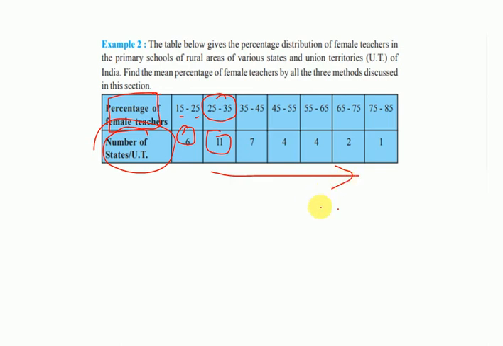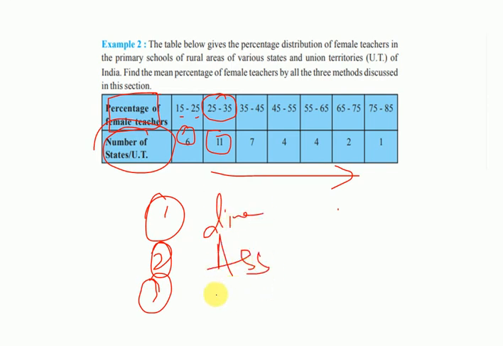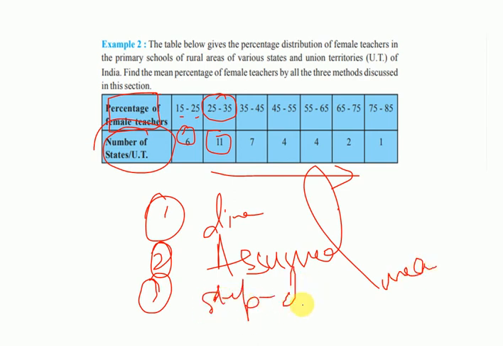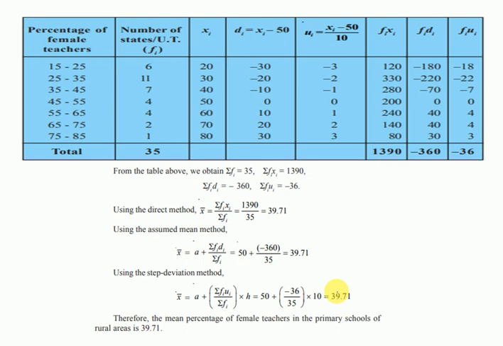What are the 3 methods? Direct method, assumed mean method, and the step deviation method. Here I have first written the percentage that was given in the question itself, right? The number of states was also given in the question, that is fi, the frequency.